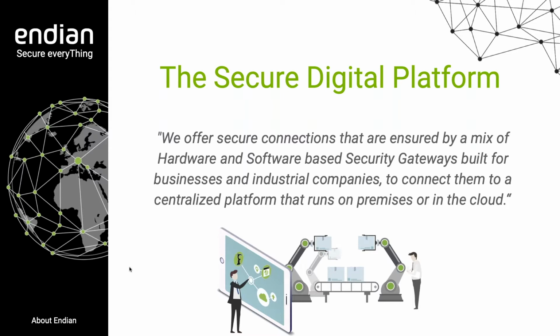So for those of you that have not seen Endian in a while, this is something that's relatively new, but it's definitely becoming the center of everything that we do at Endian, to create what we call a secure digital platform. And we'll talk a little bit about the product portfolios that we offer that fit into the secure digital platform as well.